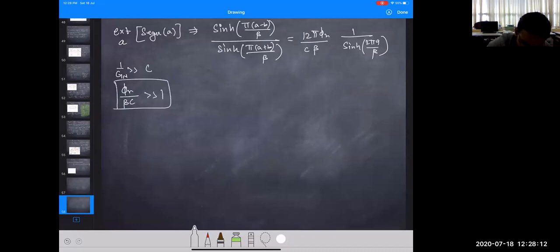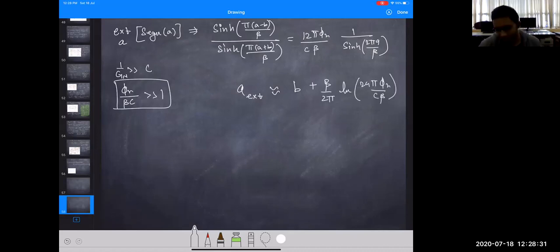In this limit, a extremal is approximately equal to b, the small piece of bath that we had on the exterior, plus beta by 2 pi log of 24 pi phi r by c beta. So there is a non-trivial extremal point. So what does this really mean?